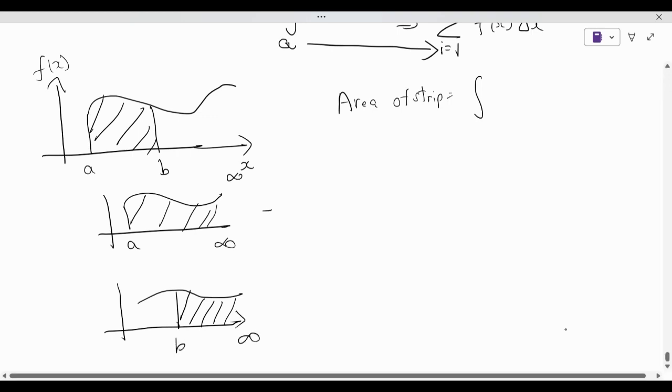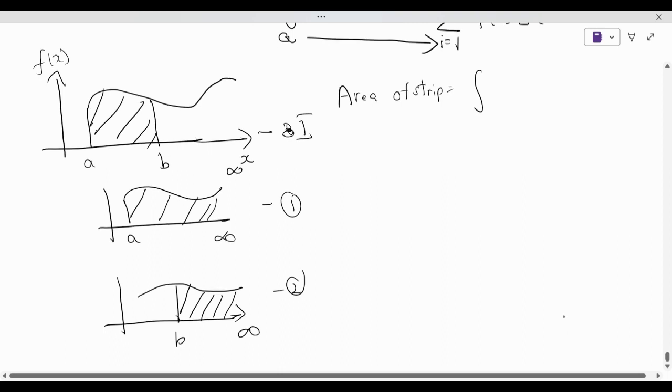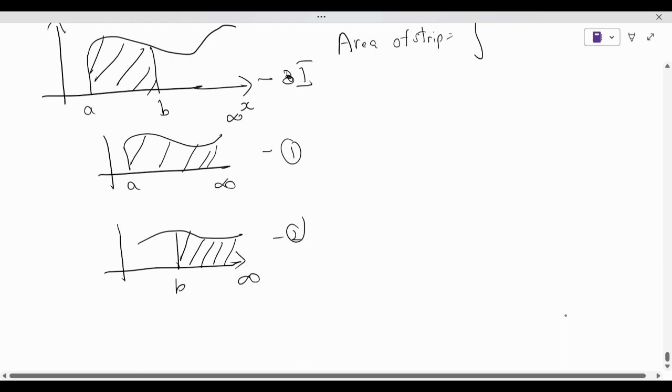Let this be curve 1 and curve 2. Now, when I subtract 1 minus 2, I'm having the curve like this. This is the first curve and this is the second curve. So when I subtract 1 and 2, I am getting this area of the strip.